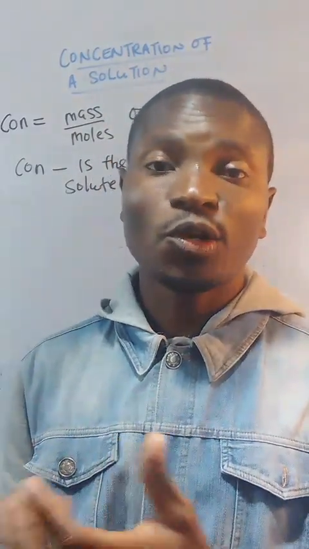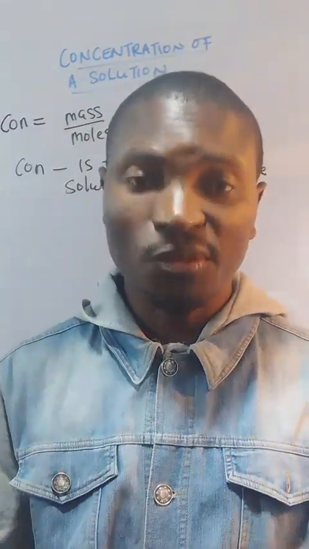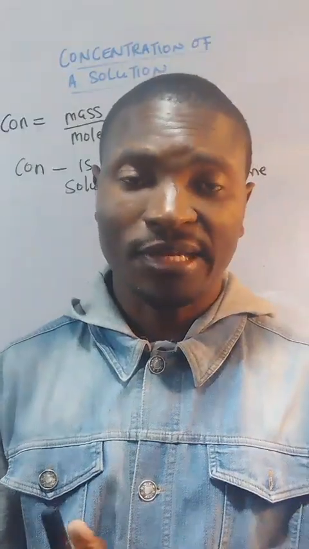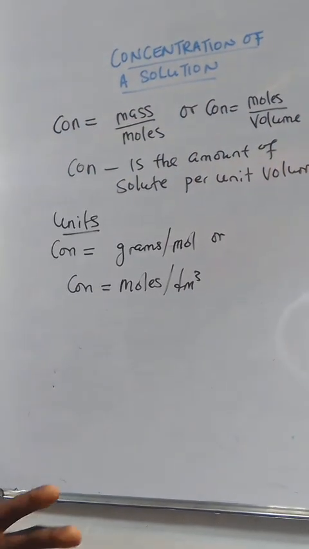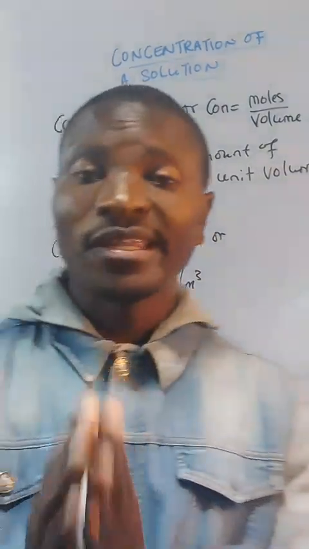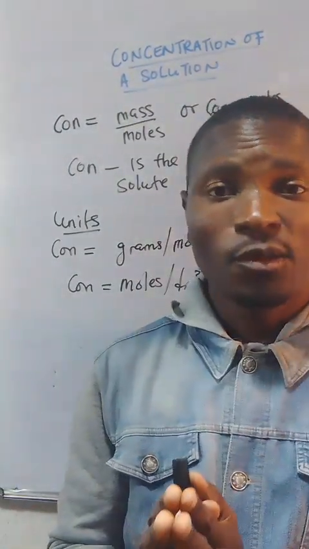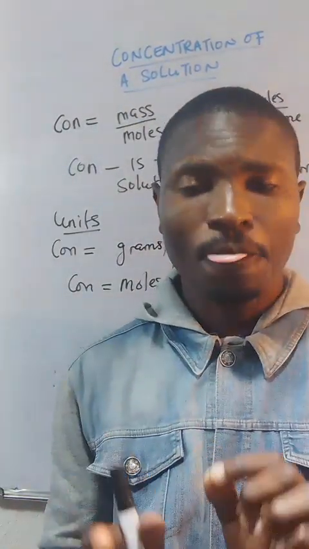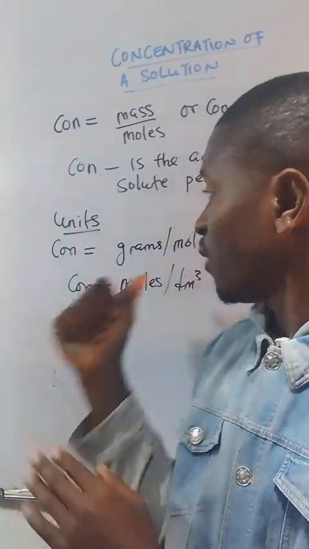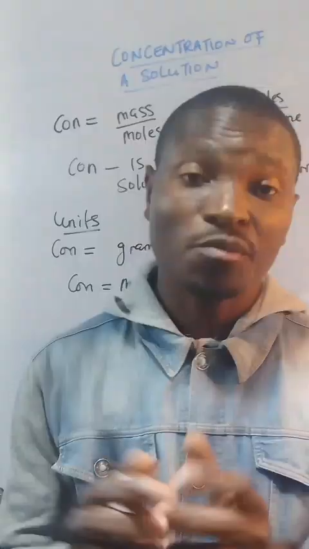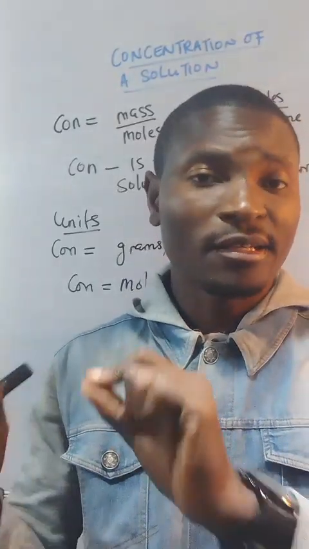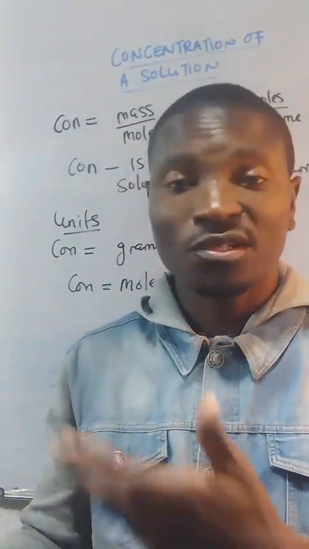Now let us also look at what the SI units of concentration are. When you're looking at the units of concentration, we have two things. We have the one for grams, when the substance in consideration is a solid, for example sodium chloride.